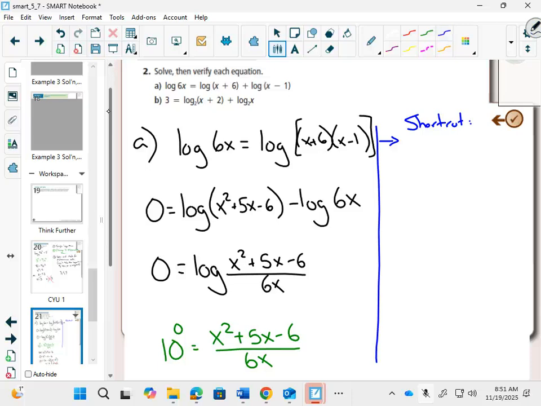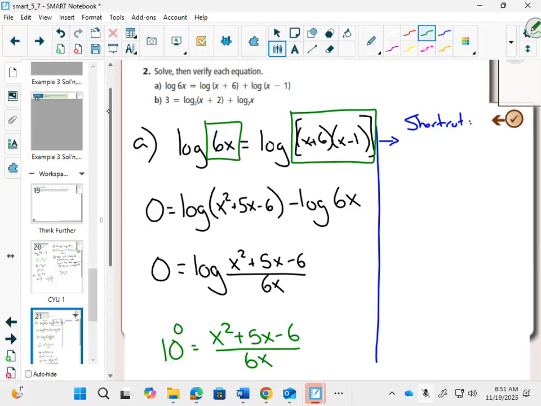If I have log of 6x equals log of this, does it make sense that the two green boxes have to be the same? Yeah.